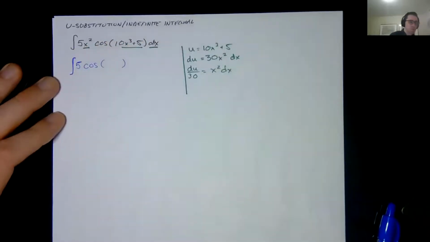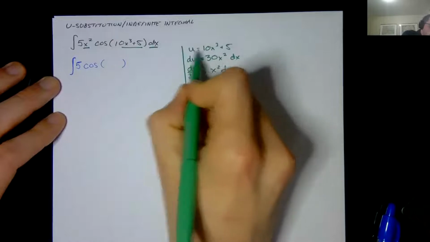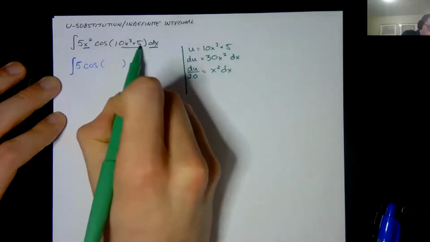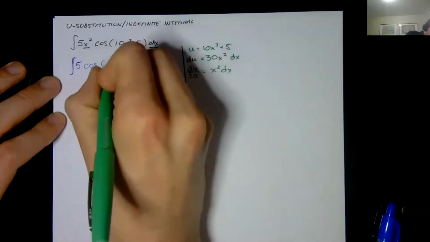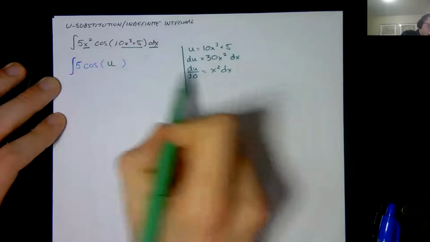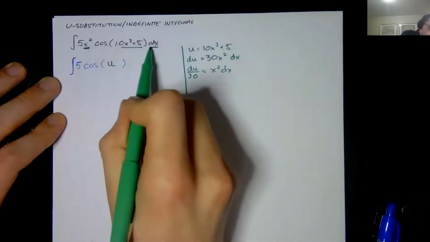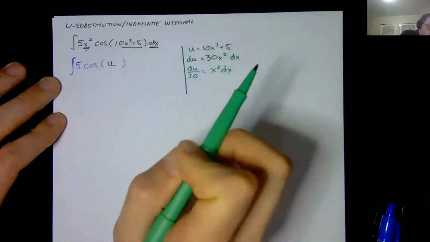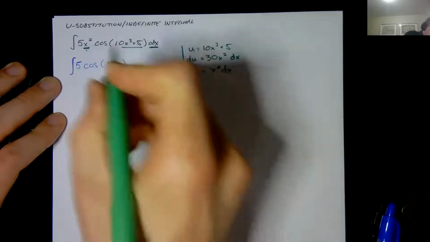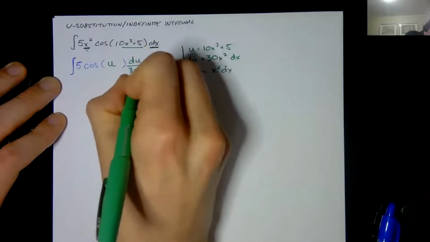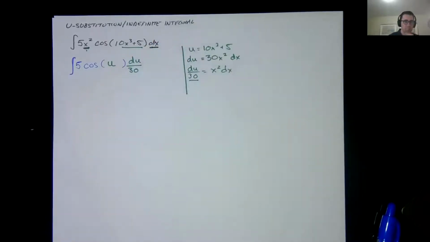And then my two substitutions: first I'm going to substitute u for 10x cubed plus 5. So where I saw the 10x cubed plus 5, I'm replacing that with u. Then I also saw there's an x squared and a dx. So I'm going to substitute this out of the integrand and substitute du over 30 in. So I write that here, du over 30, just like that.